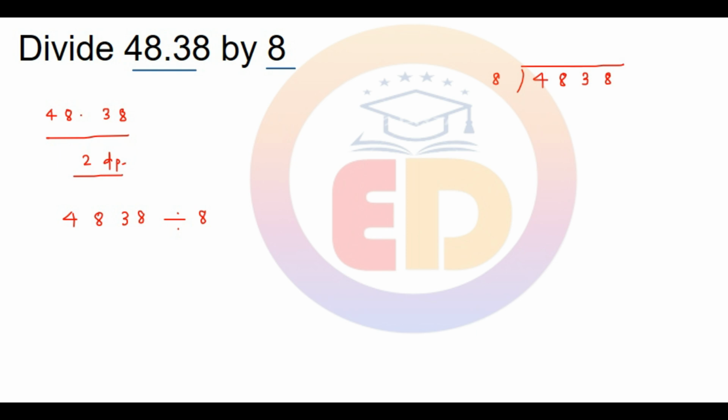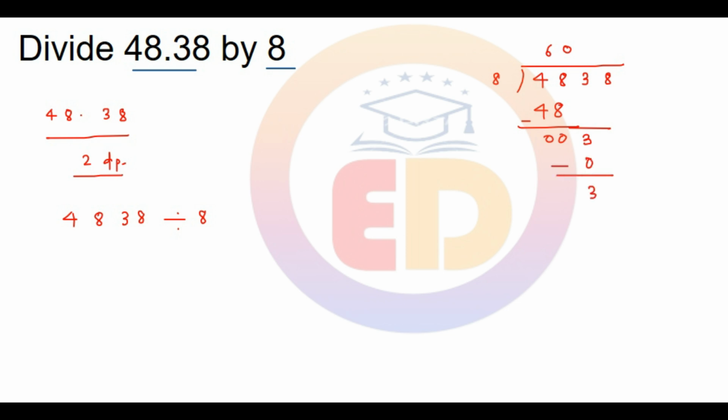Dividing by 8, it is 8 6s are 48. Take 3 down. Now 8 will not go in 3. So what I'll do is, I'll do 8 zeros are 0.